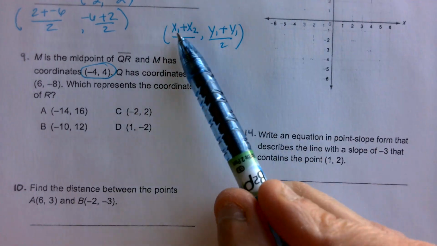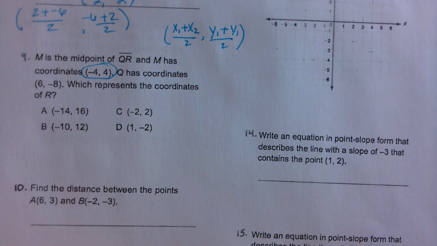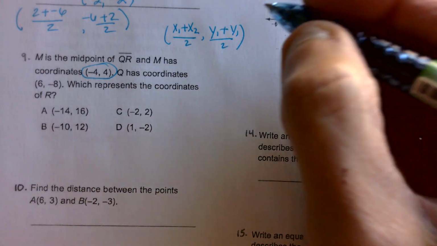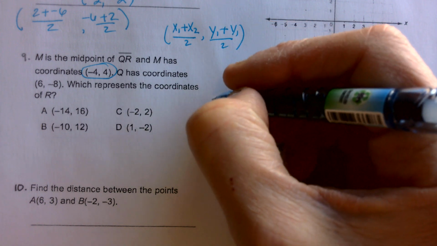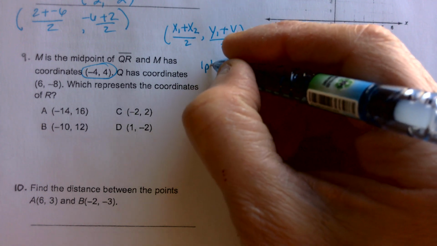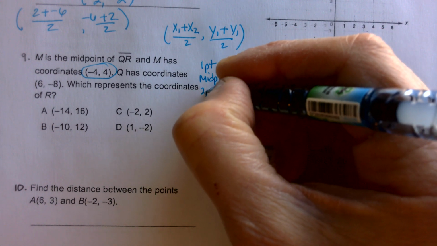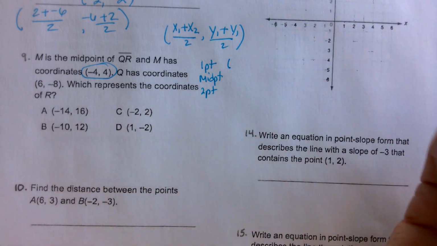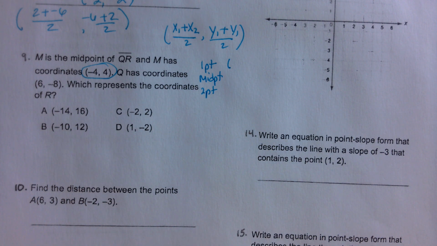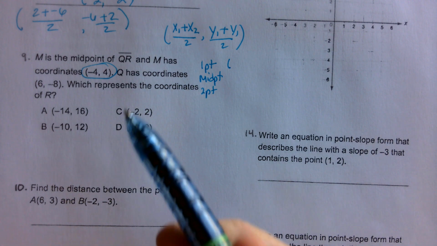And although there's a whole way you can use this to solve it, what I've found is students understand it best when we just do a little vertical thing where you have one point up here, and then you put the midpoint, and then you find the second point down here.